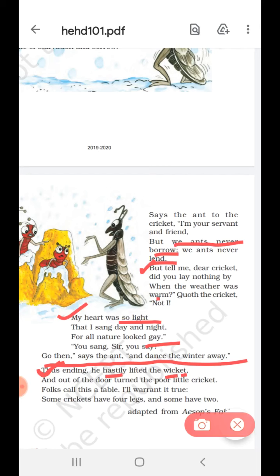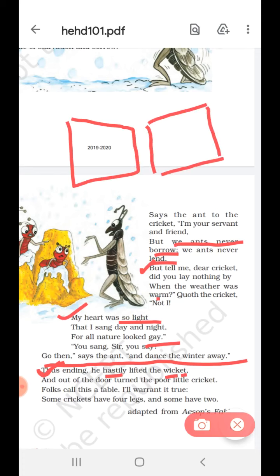Wicket is, let me draw and show you. This is the gate. Let us consider that this is the gate. Then the gate can be opened and closed. This is the pillar where the gate is fastened.